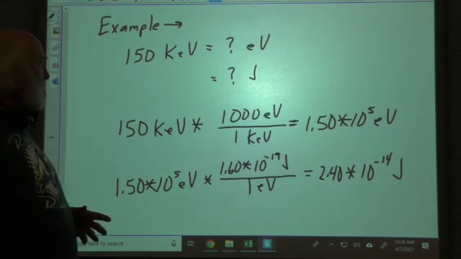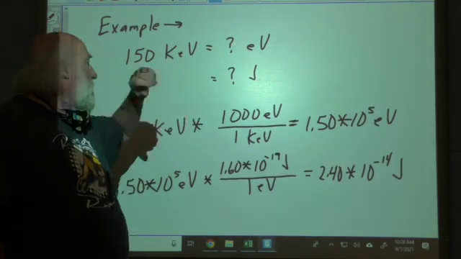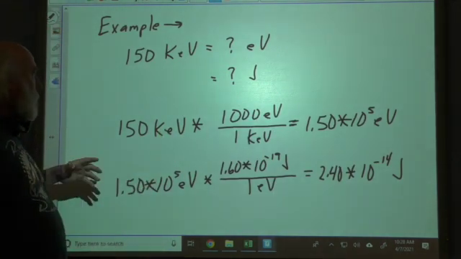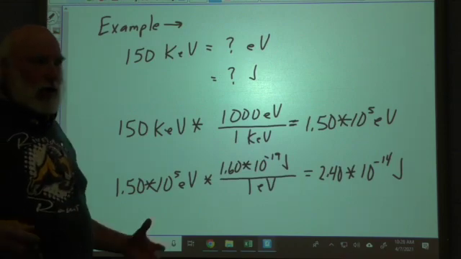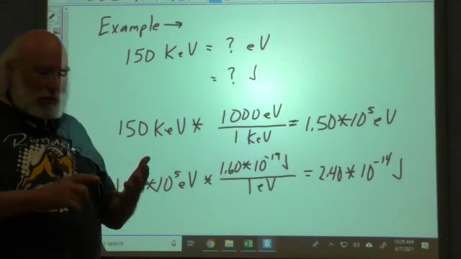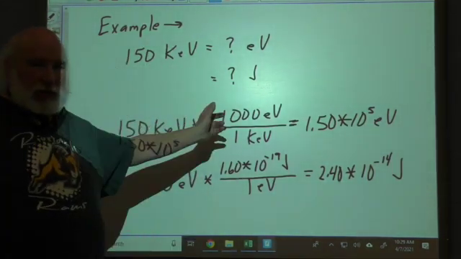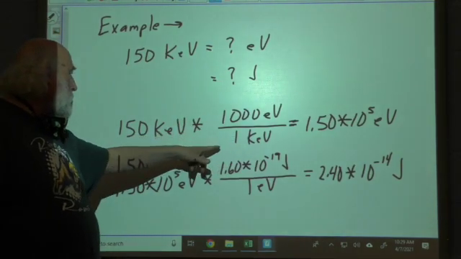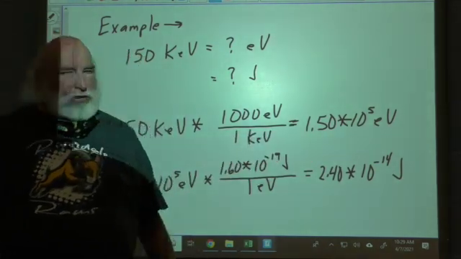The first example I gave you here was, let's suppose you have 150 kilo electron volts. I want to know how many electron volts that is and how many joules that is based upon what we talked about. Okay, well, the prefix kilo, the nice thing about the SI system is no matter what base unit you use, meter, second, liter, electron volts, it still means 1,000. So 1,000 electron volts is equivalent to 1 kilo electron volt. And so we get 1.50 times 10 to the 5th electron volts.